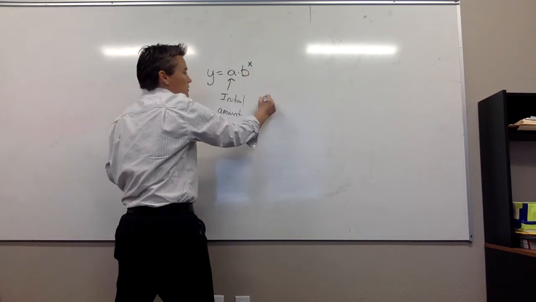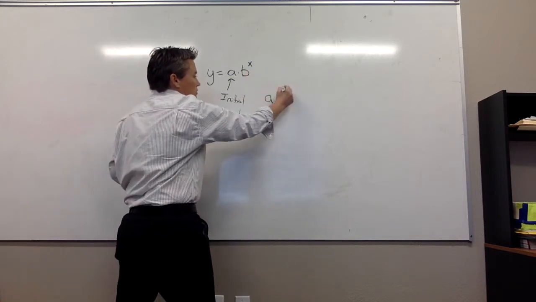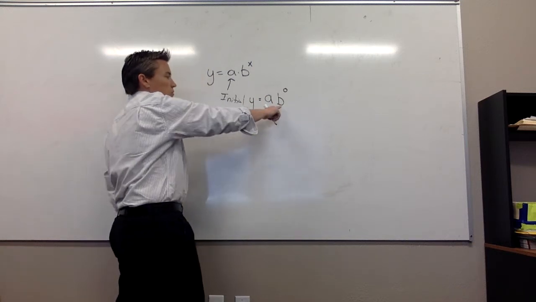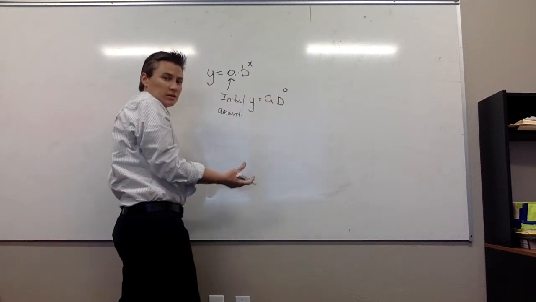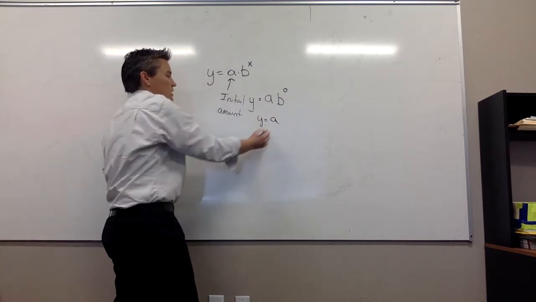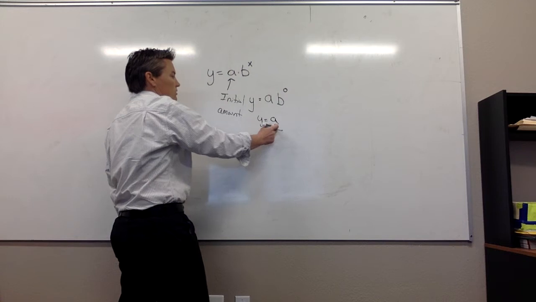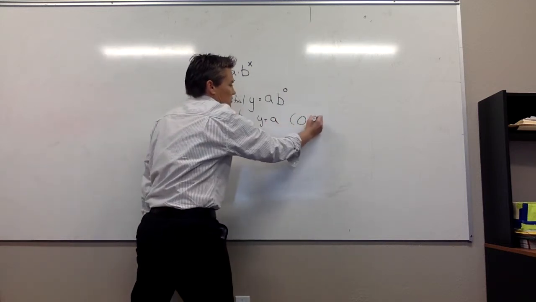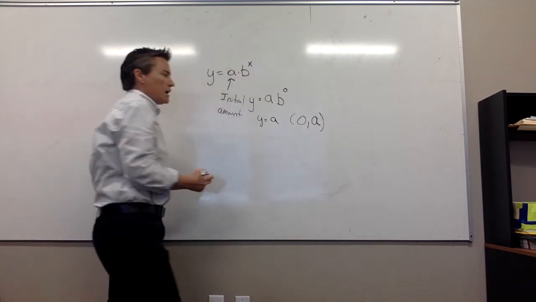So when x is 0, your function is equal to a times b to the power of 0, which is 1. Anything to the power of 0 is 1. Your function is y equals a. So a represents your initial amount at time 0, which represented using an ordered pair would be (0, a).